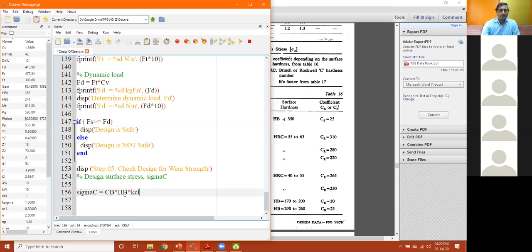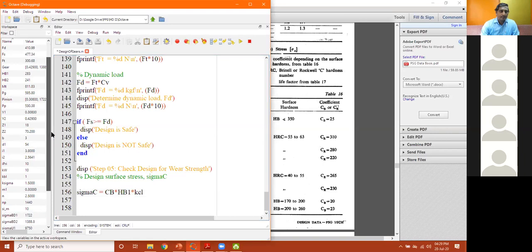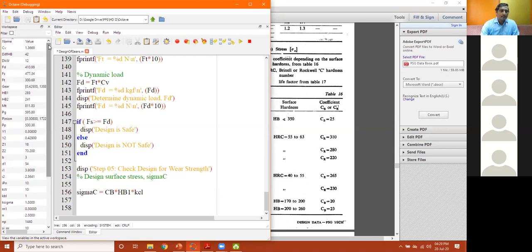So I have HB for the pinion, which we have considered as HB1, and it is already available in this workspace. HB1 is 283. So I will consider HB1 for the pinion as 283. KCL we need to find out, and Cb we need to find out.